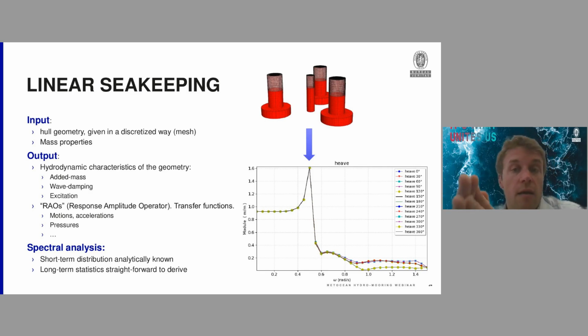And then, with this spectral analysis, the distribution of the maximum, the distribution that I was showing before, is known analytically. So you do not need to make a lot of simulation. You know perfectly the shape of the distribution. And it follows that the long-term statistics are also straightforward to derive, and it's basically cheap to calculate any statistic that you like with this kind of model. And you have the response to linear waves.